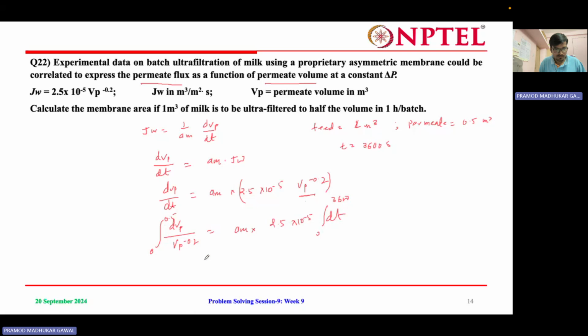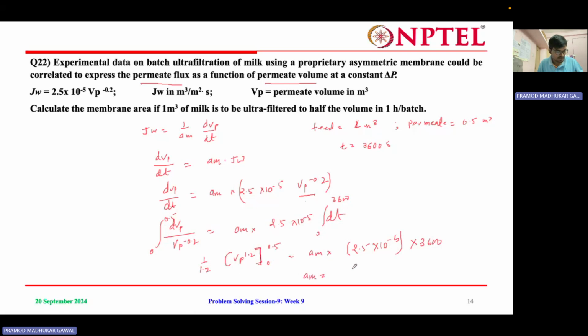So integrating this one, we get 1 by 1.2 Vp to the power 1.2 with limit 0 to 0.5, equal to AM times 2.5 times 10 to the power minus 5 times time. Just solve this one.